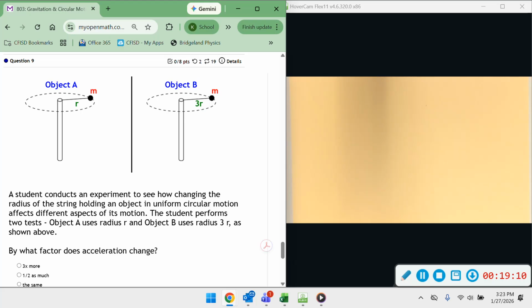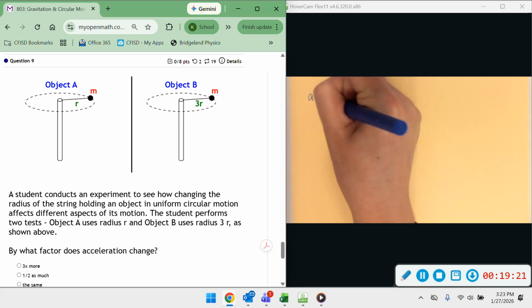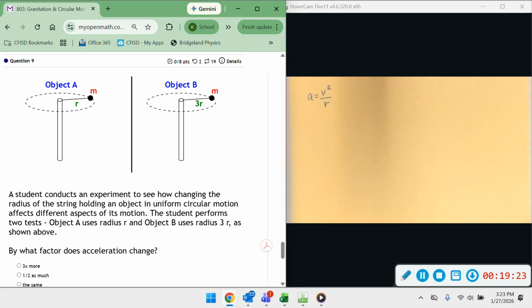By what factor does the acceleration change? So here we're just looking at what is the relationship between acceleration and radius. And if we look at our equations, the one that we want to look at specifically that has those 2 variables in it is this one. Okay, so what is the relationship between that acceleration and that radius? Well, acceleration and radius are inversely proportional to one another.